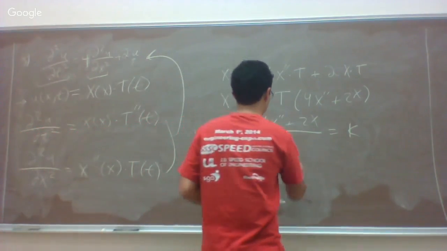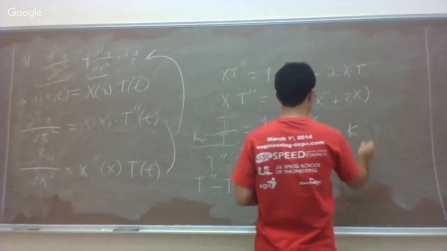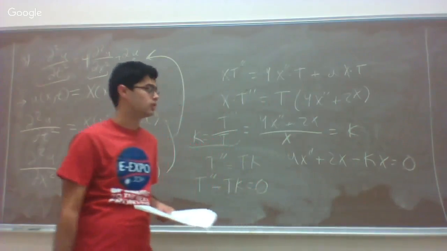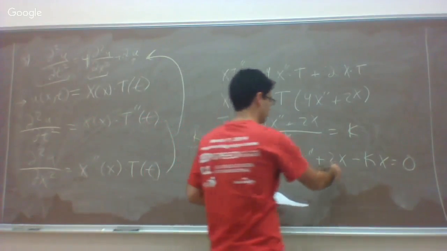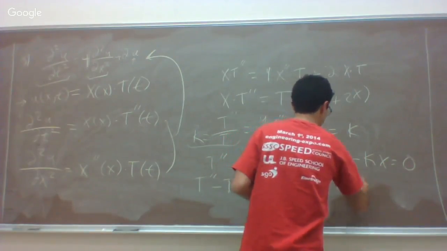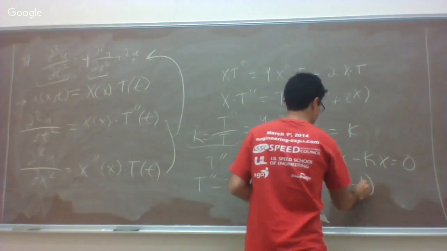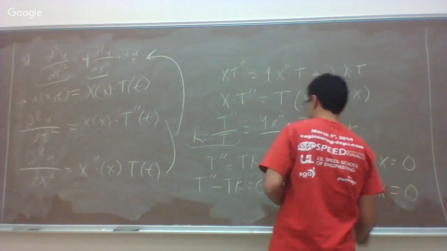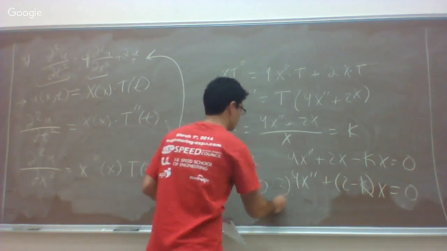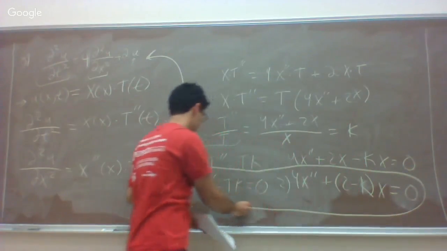For this one, I have 4X double prime plus 2X, and if I bring the k to the left side, minus kX equal to 0. Then if I group the X's together, I have 4X double prime plus quantity 2 minus k times X equal to 0. That's my second equation. So this is my solution.